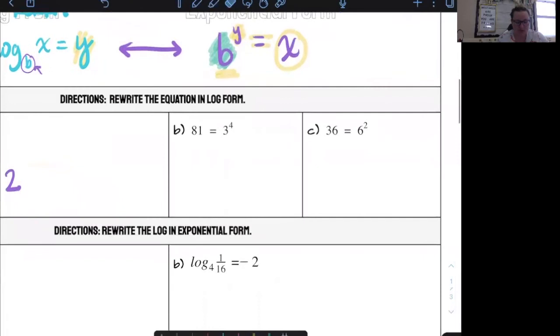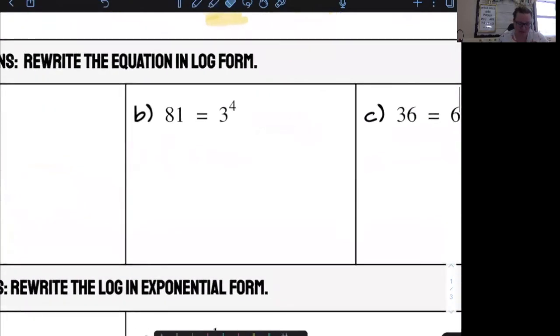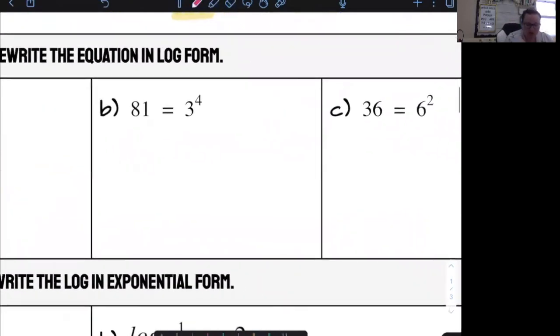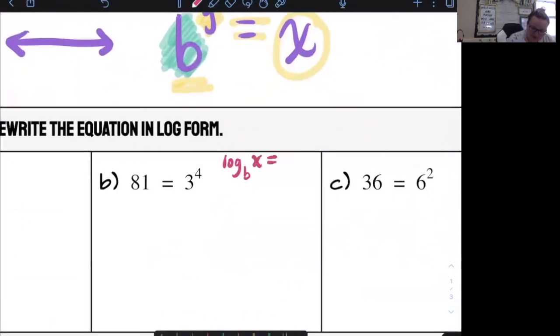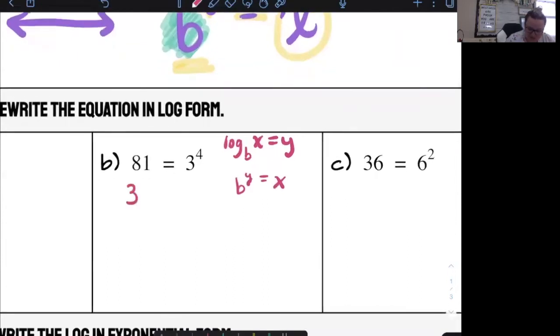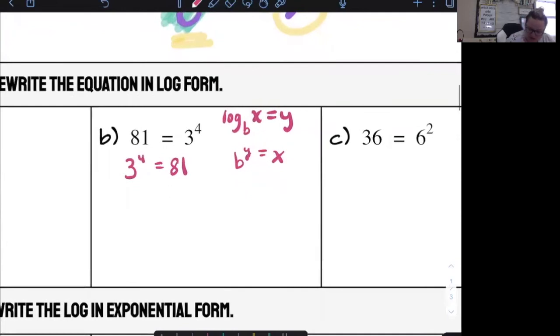All right, let's try one more before I have you do this on your own. So remember, log form is the log base b of x equals y. Exponential form is b to the y equals x. All right, so here we have 3 to the 4th equals 81. Our base is 3.